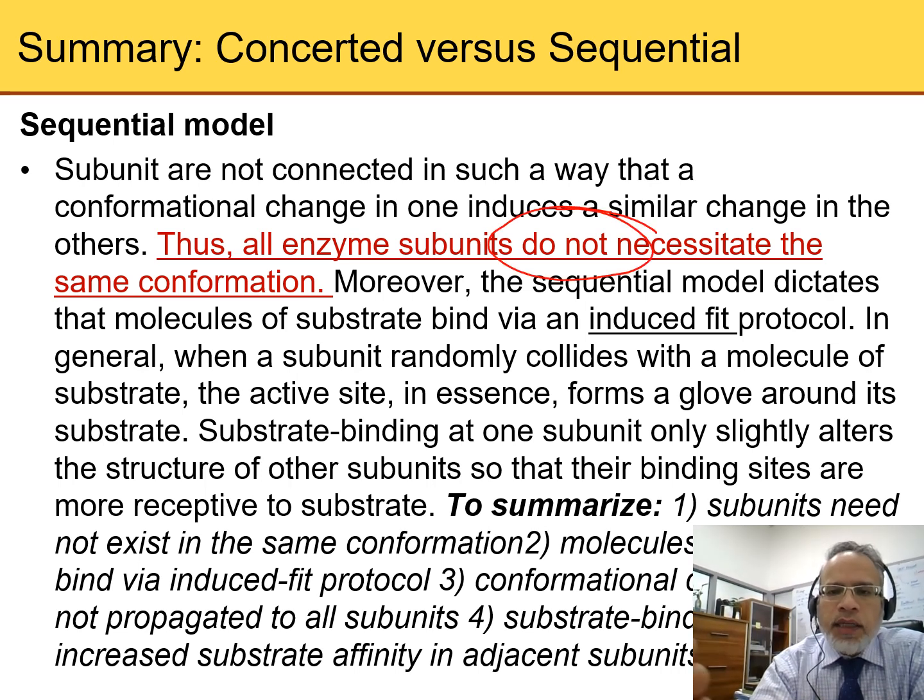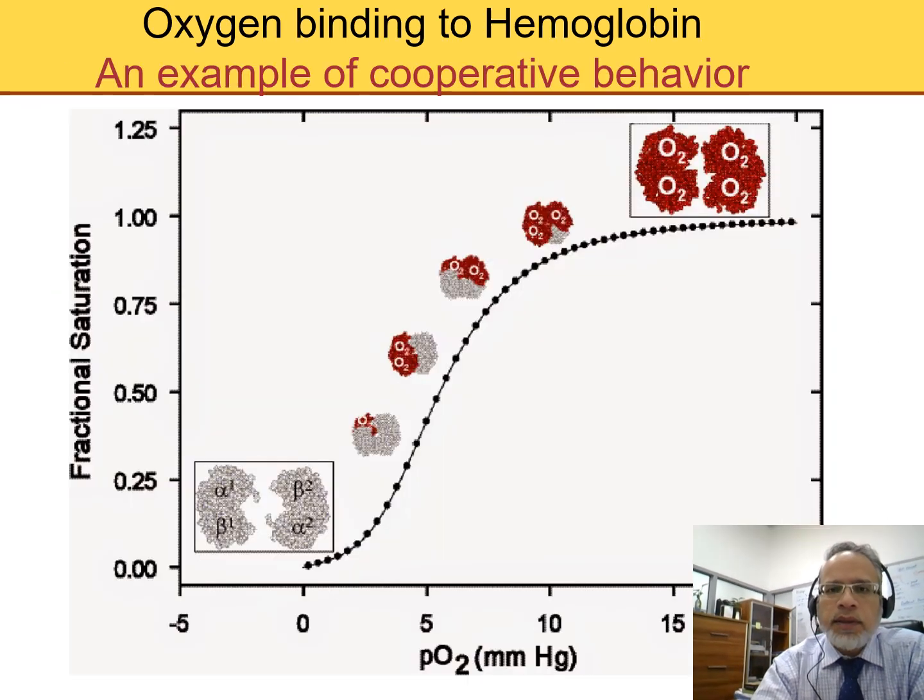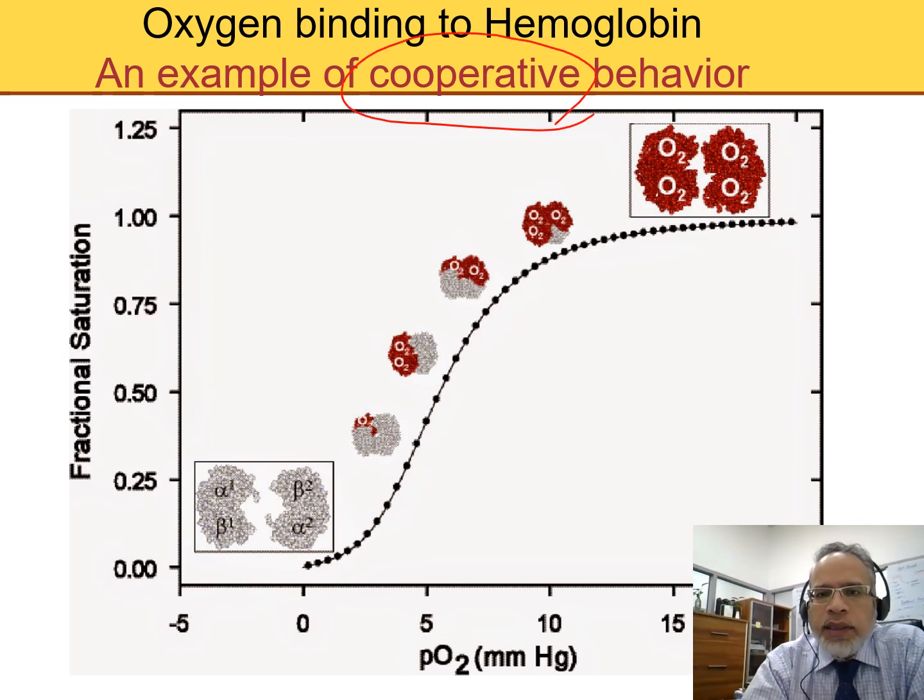It happens one at a time, and it's the induced fit model, and it explains the cooperativity much better than the other model. And you have seen hemoglobin binding to oxygen, and this is really taken as a classical example of sigmoidal curve binding or cooperative behavior or allosteric behavior.